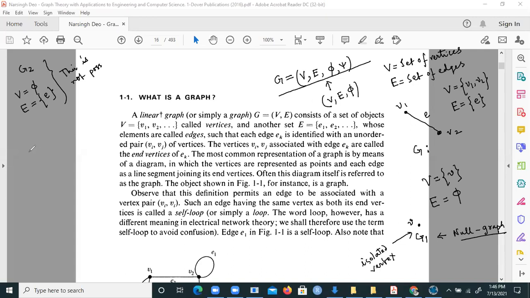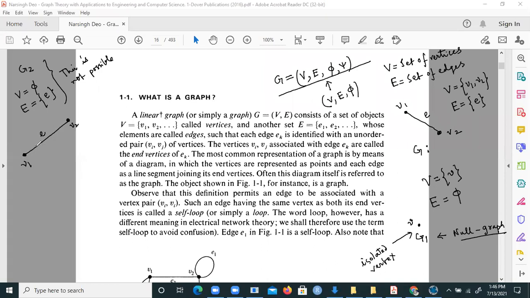It is because if I draw an edge E, this edge always contains two end vertices. Even if I don't want vertices in the graph, the pair of vertices automatically comes. The first is called vertex 1 and the second is called vertex 2. Without drawing the vertices, you cannot draw the edge.